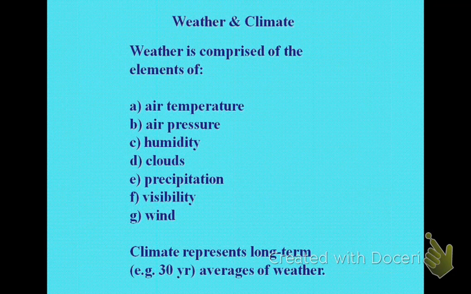Okay, just a continuation. Our weather and climate. Weather is composed of, and I think below your chart there are some fill-in blanks about weather, the differences between weather and climate. Weather is comprised of these elements here. Air pressure and temperature play a huge part in what occurs on Earth as our weather. Humidity, aka water vapor in the air.